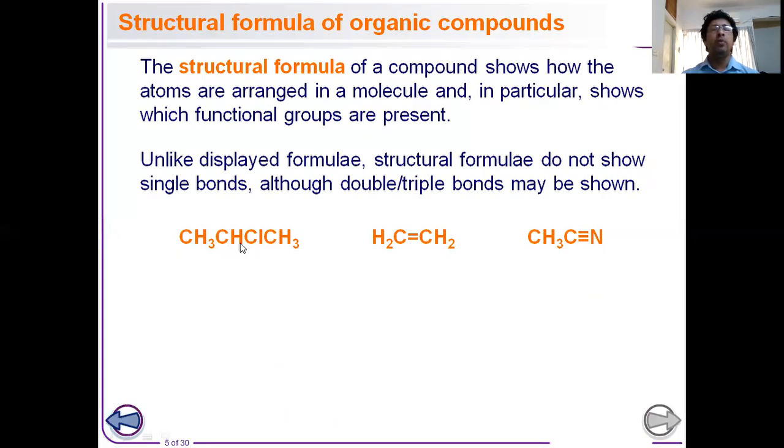So bonds will be omitted, but in some cases we can show a double bond or triple bond present in a molecule. If any double bond or triple bond is present, it's not mandatory to show it in the structural formula. So the idea is that structural formula will not show any bonds, but we can write down the different atoms present in a particular molecule side by side in this way.